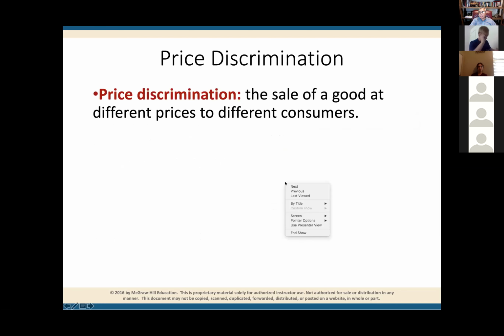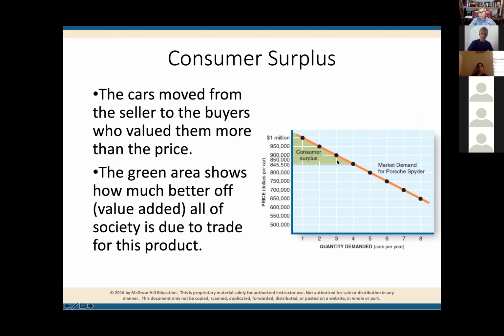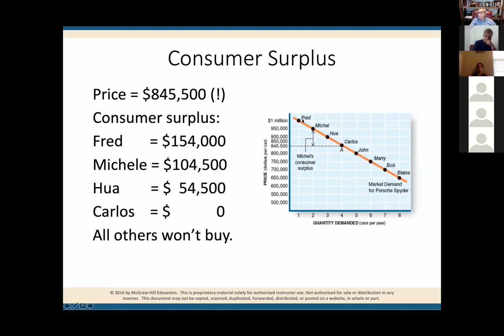So now, can it be possible for a company to make more money than selling these 3 items for $845,000? And the answer is yes. If a company can discriminate and find out, okay, who is willing to pay $1 million, right? And if they're able to discover that there's a guy over there by the name of Fred who is willing to pay $1 million, then the company will try to sell that car to Fred for $1 million.